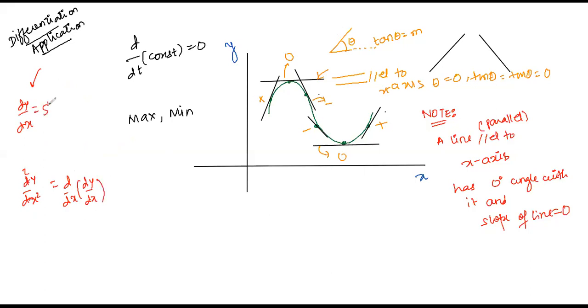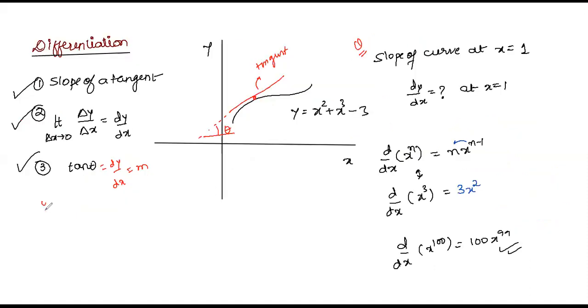And we have already come to an understanding that dy by dx is nothing but the slope, right? So when I'm writing d by dx of dy by dx, I mean d by dx of slope, right? And we have also defined differentiation today morning as rate of change of one quantity with respect to another.